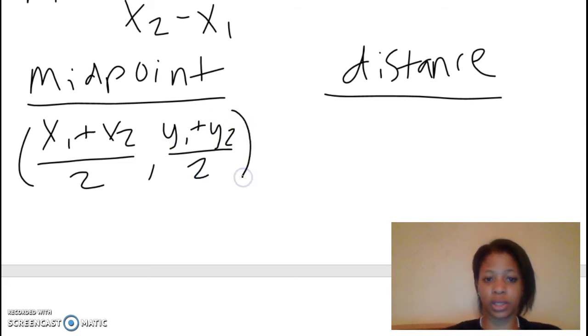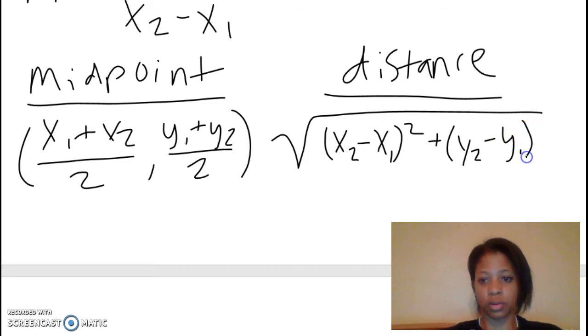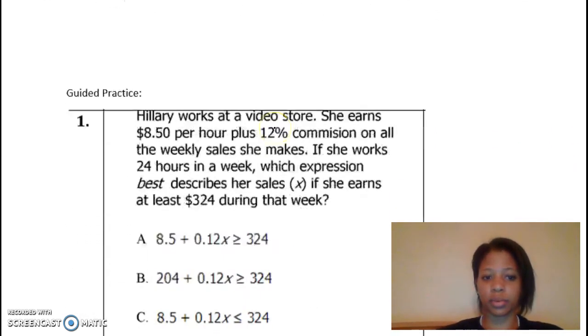Again, you need 2 points here. Distance is the square root of x2 minus x1 squared plus y2 minus y1 squared. You simplify all this inside first, and the last thing you do is take the square root. I'll show you in our examples.